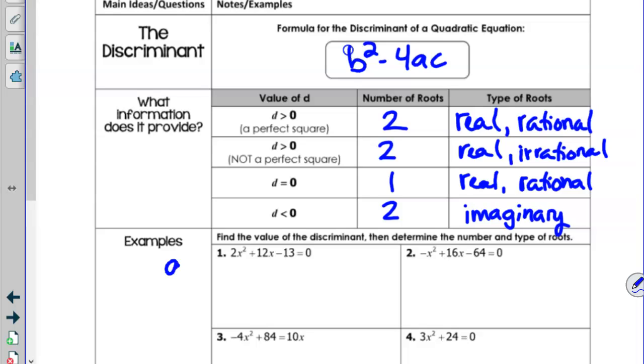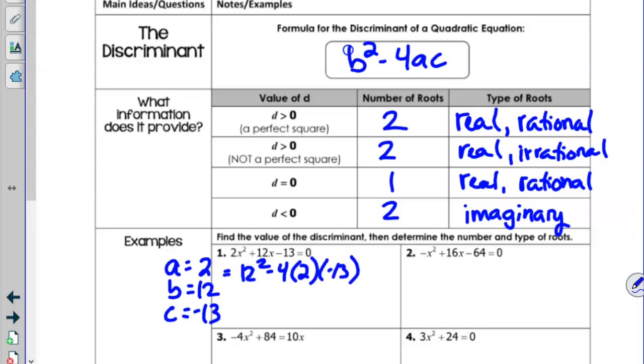All right, so we're still going to identify the A, B, and C. For number 1, what does A equal? B? 12. Good, and C. All right, so we're only doing the discriminant, so only what's underneath the radical. So we would do 12 squared minus 4 times 2 times negative 13.